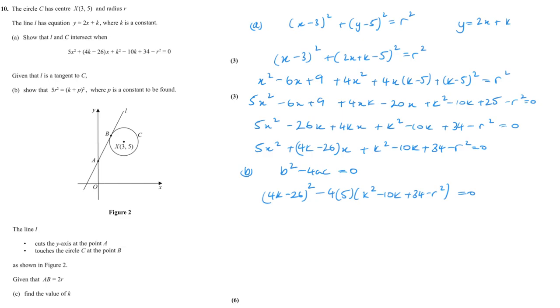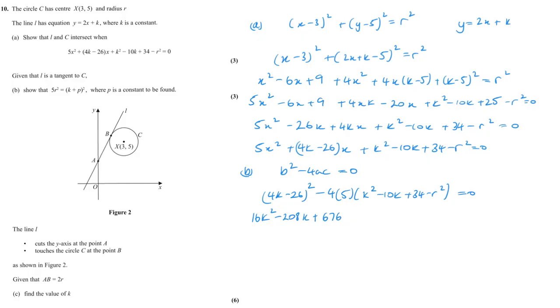So let's expand our first bracket. So 4k squared would be 16k squared. Now 26 times 4 is 104, doubled is 208, so minus 208k plus 26 squared is 676.